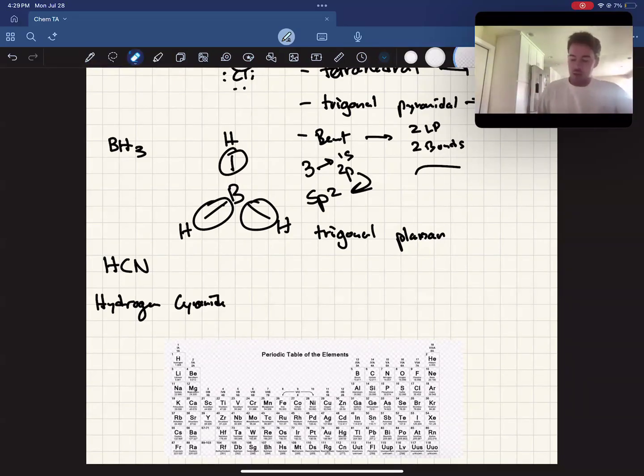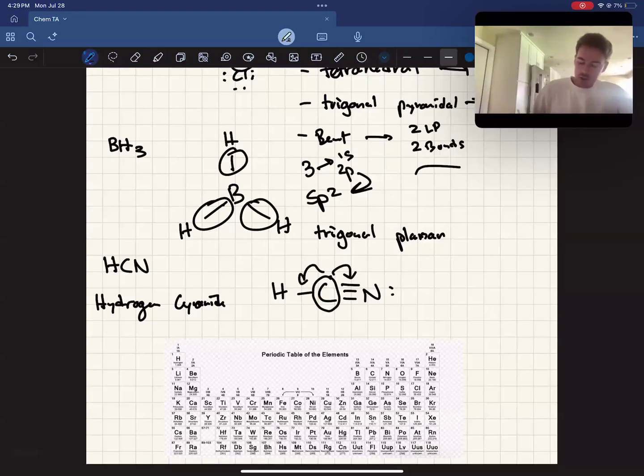So here's the Lewis structure. We have H bonded to C, which is bonded to N, like this. And for the hybridization on C, we have 2 electron areas, so it's going to be sp, which is a linear shape.